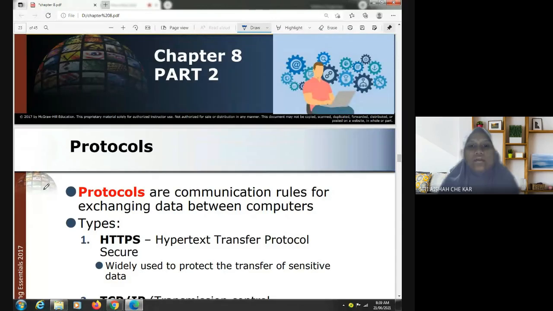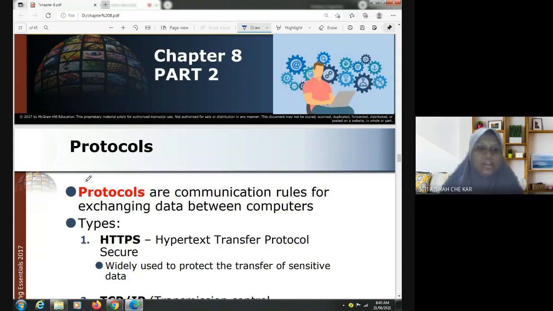Same with computer communication. When we want to communicate with other computers, automatically we need a protocol so that there is no miscommunication and so on. Tak ada clash.